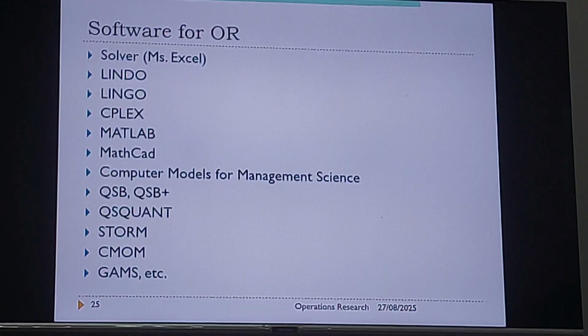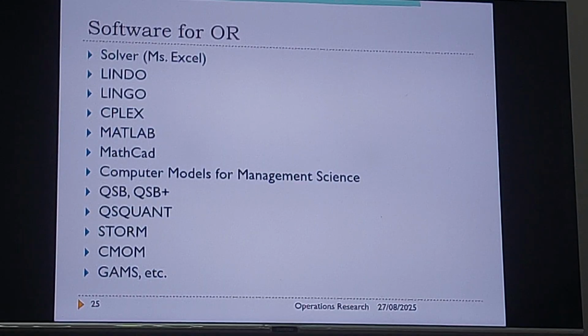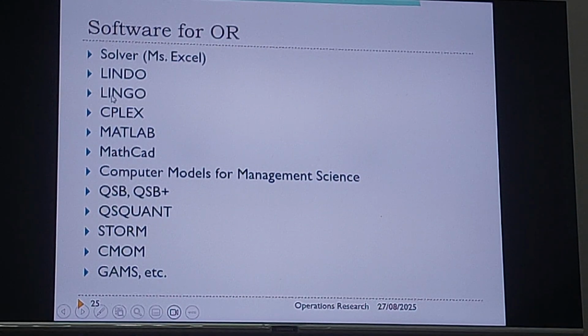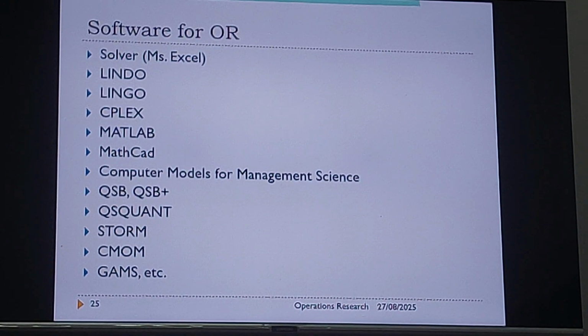And GAMS, the bottom one, is also very expensive. It's very powerful, but very expensive. Everything is here, we have solvers, compiled into one GAMS. That's why it's very expensive.